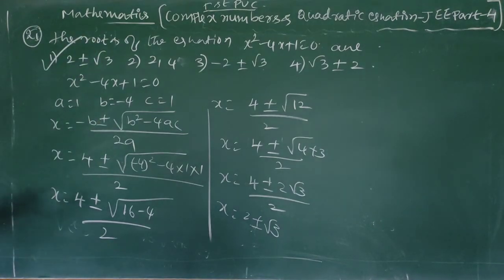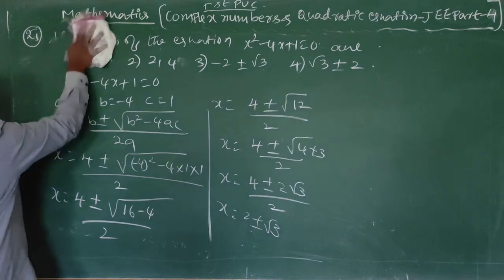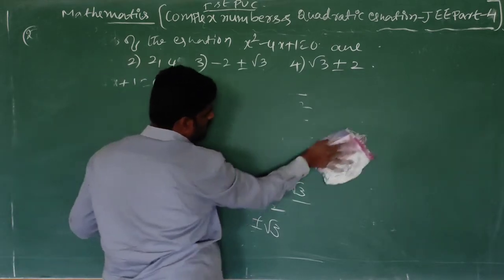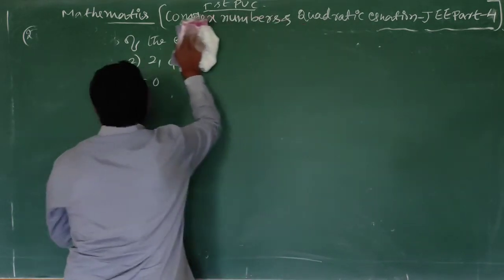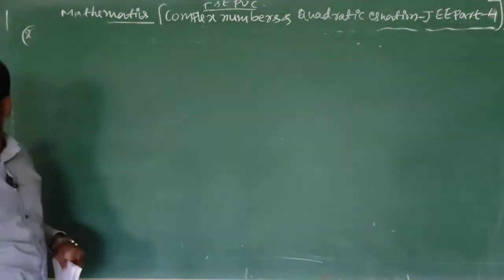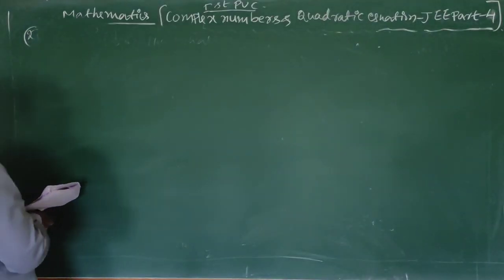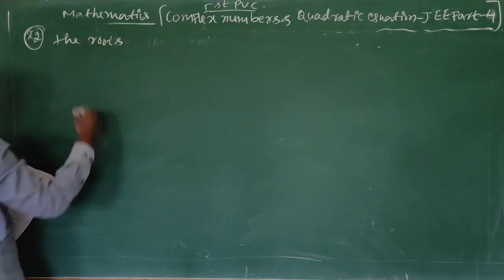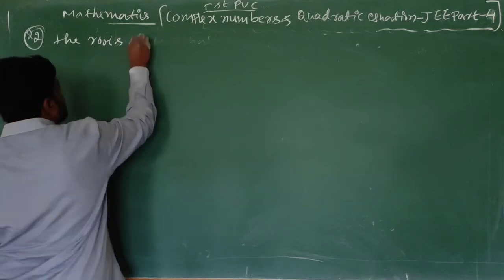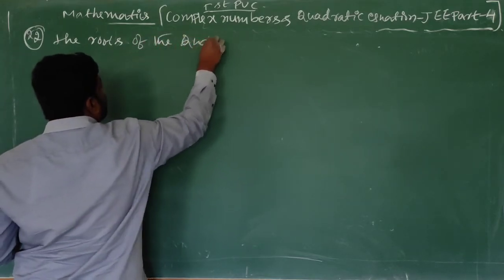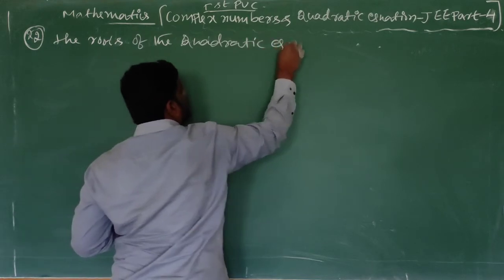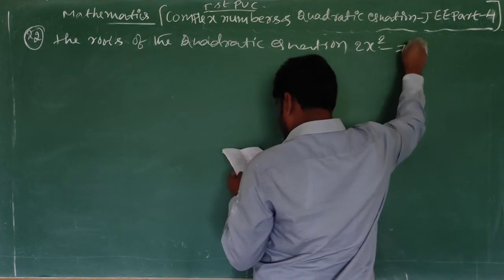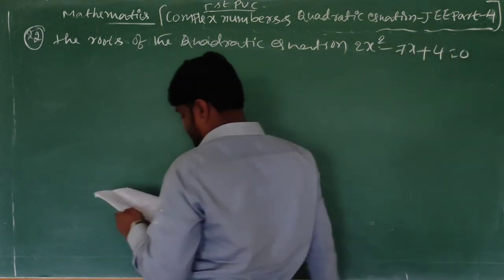Next question is, the roots of the quadratic equation 2x square minus 7x plus 4 is equal to 0.